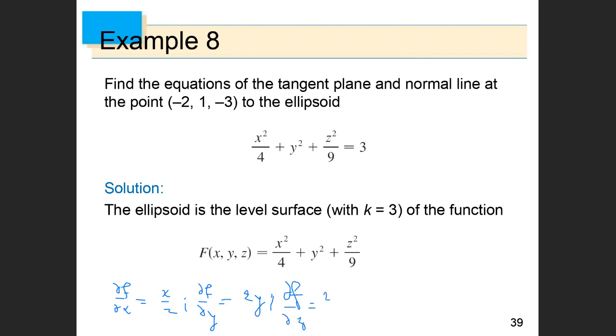And we just found the gradient at (-2, 1, -3), which is equal to (-1, 2, -2 over 3).